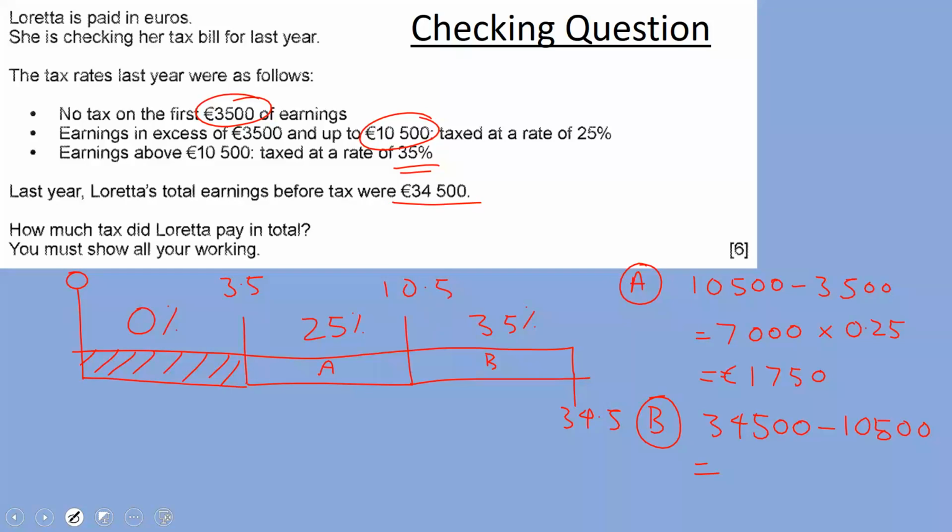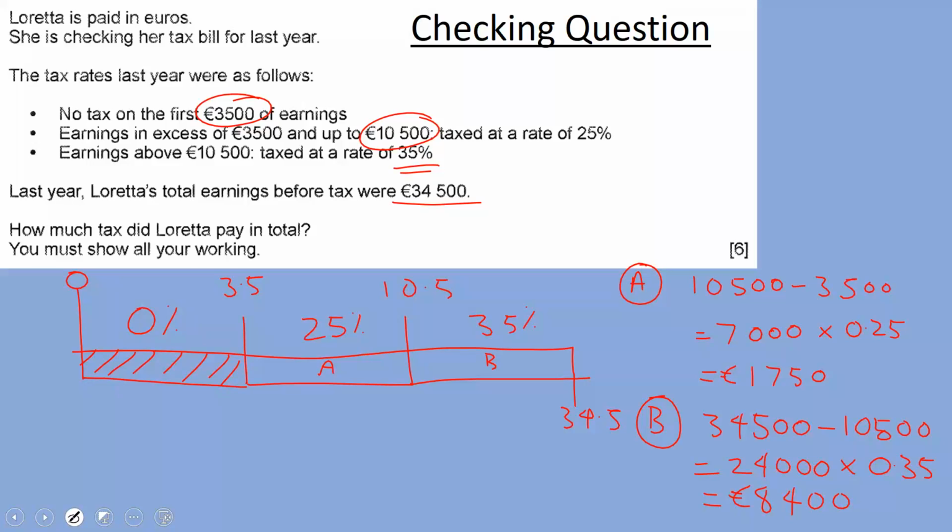And that's going to leave us with 24,000. We're going to multiply that by our decimal multiplier, which is 0.35, which is 8,400 euros.